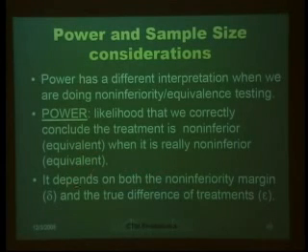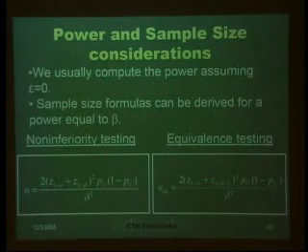To compute the power, of course, it's going to depend on my non-inferiority margin, delta, and also on the true difference of treatments. But if you look at the definition of power, it's the likelihood that I correctly conclude the treatment is equivalent when they are equivalent. So I can assume that they are equal.